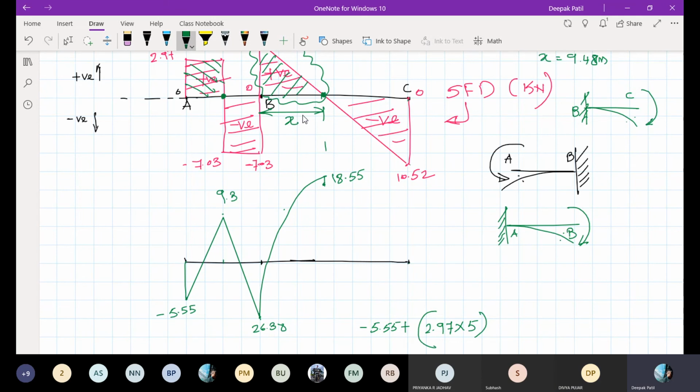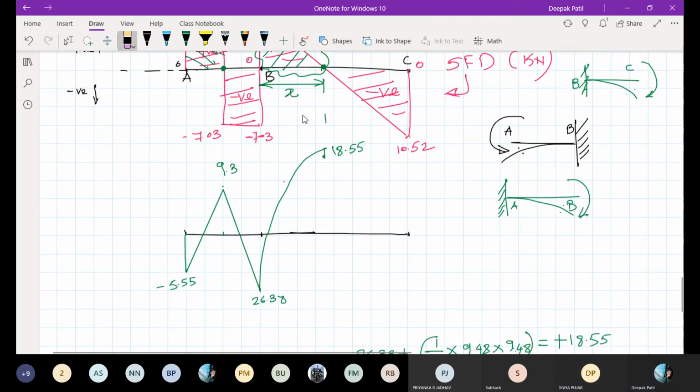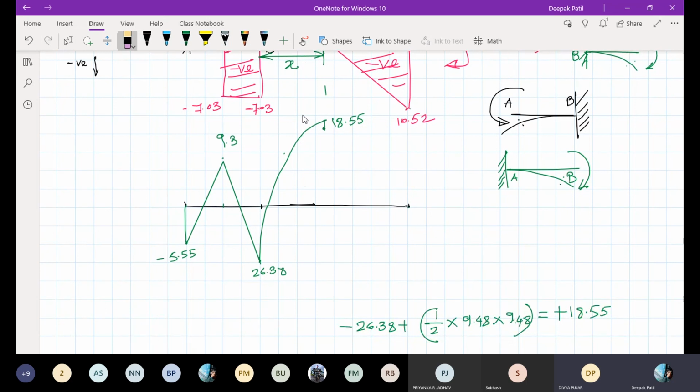Bottom. So you have to put your 36.8 at the bottom, because the compression is at the bottom. Once again, from here to here also you have to join using a parabola.